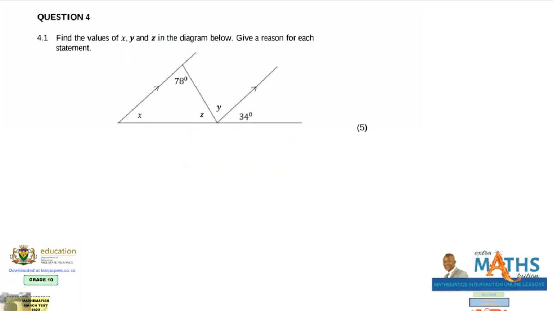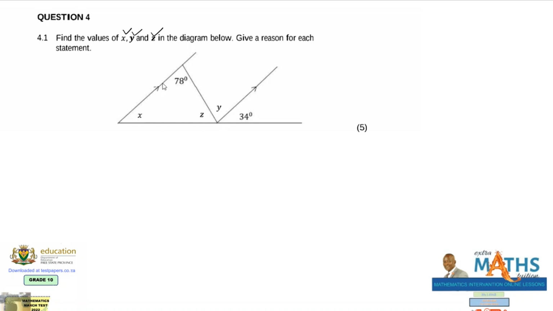Right, guys, let us look at these problems now. This was taken from one of the past exam papers, which was written at Free State, March 2022. Okay. Now, on this question, we have to find the value of x, the value of y, and the value of z in the diagram below, and we have to give reasons for each statement.